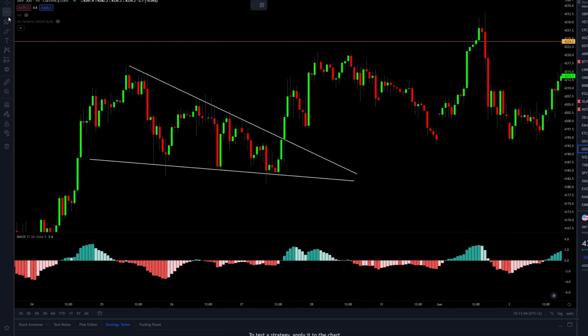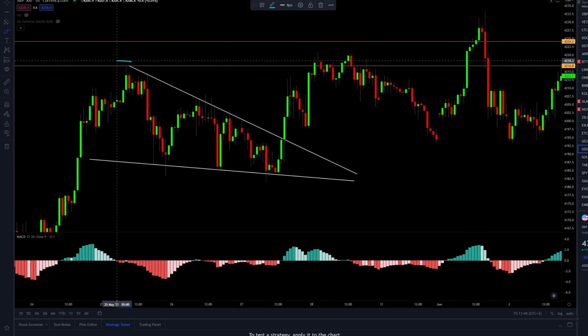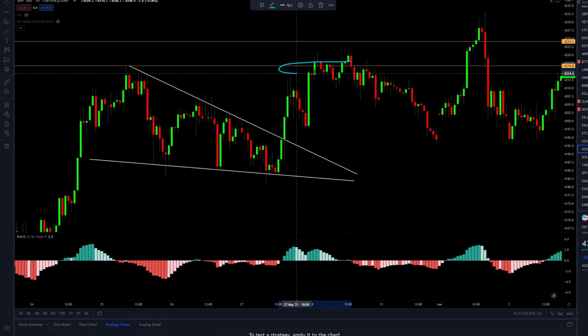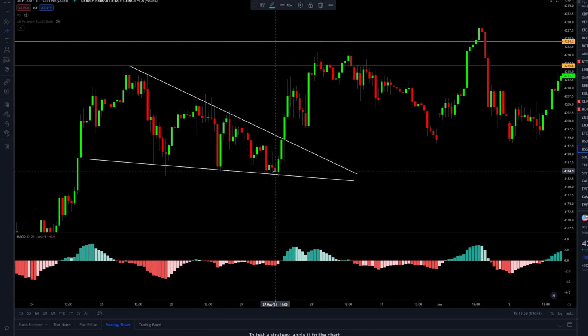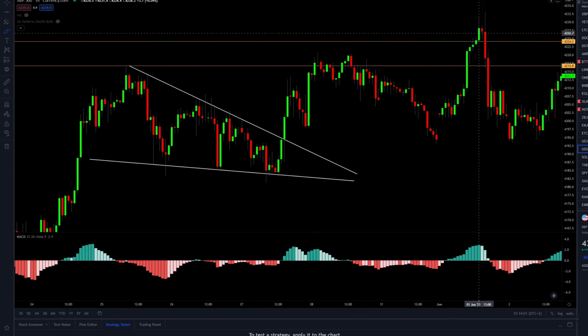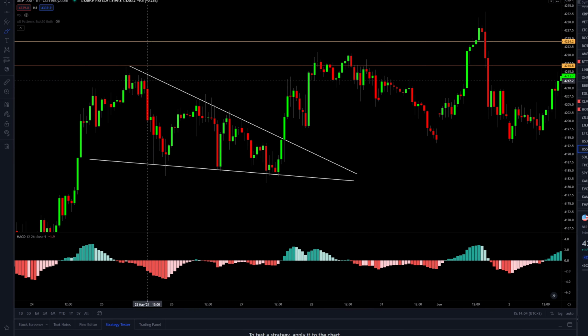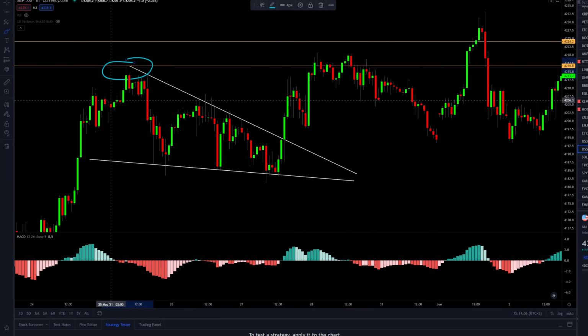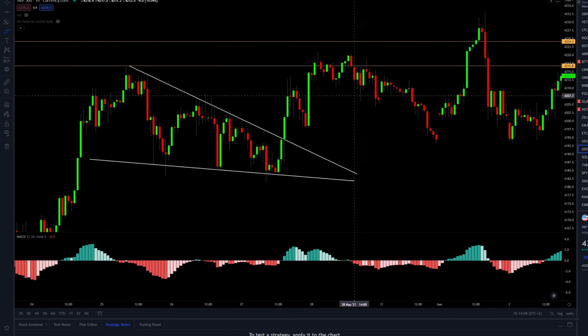But another method, and I kind of like this one, is to take profits at the very high of the structure. So in this case, the very high of the structure is here, and your profit target level would be right around here. And as you can see, this level was hit much earlier than the second target, and this is a level that has higher probability to actually be hit.